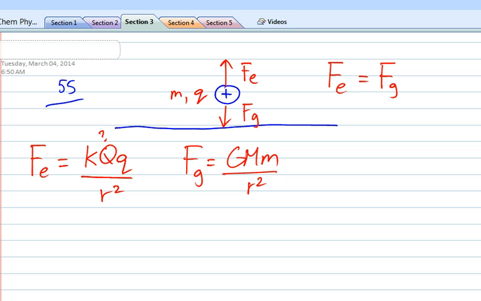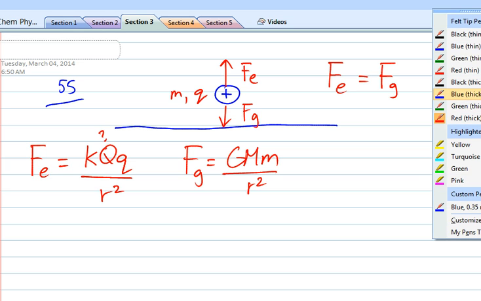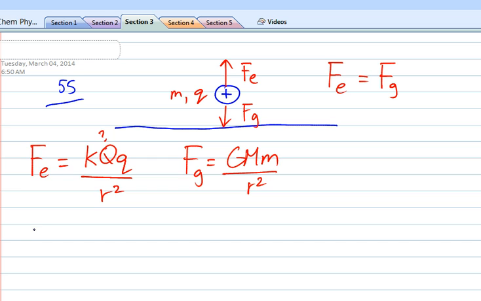So we don't want to use this definition of force. We want to use a different one: the gravitational field g is the gravitational force divided by the mass, and the electric field E is the electric force divided by the charge.